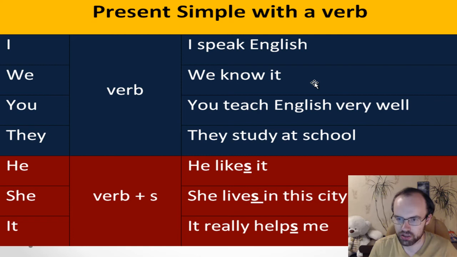We know it. You teach English very well. They study at school. He likes it. She lives in the city. It really helps me. So if you have he, she, it, you add s. So I really hope you remember it.